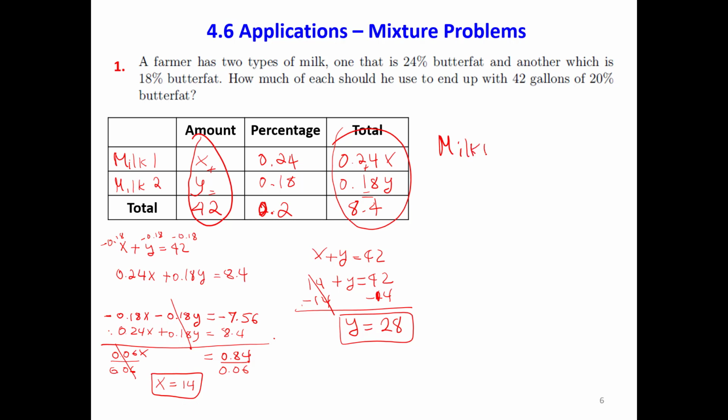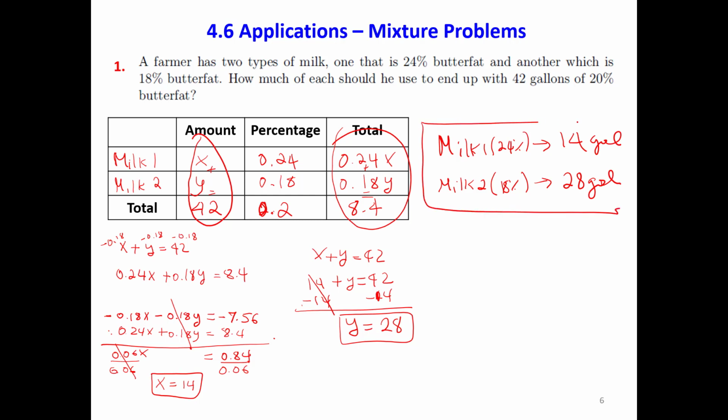For milk 1, which is 20% butter fat, he needs X, which is 14 gallons. For milk 2, which is 18%, he needs 28 gallons. And these are the answers.